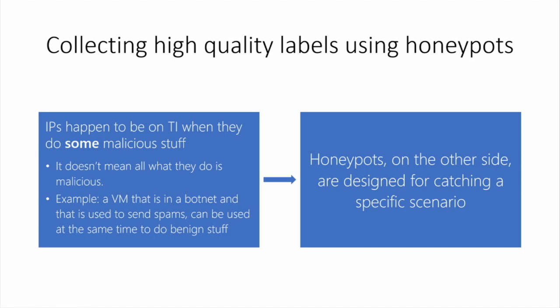So if we take all the sessions from this specific VM, we are going to have some malicious sessions and some benign sessions, and it will be hard to distinguish between them. On the other hand, honeypots are designed for catching a specific scenario, so they give us very strong signals of malicious sessions. This is why we use signals from honeypots from Azure VMs that have been attacked.